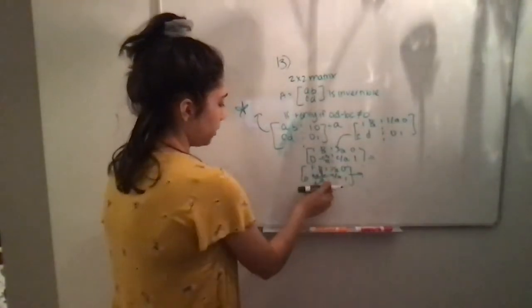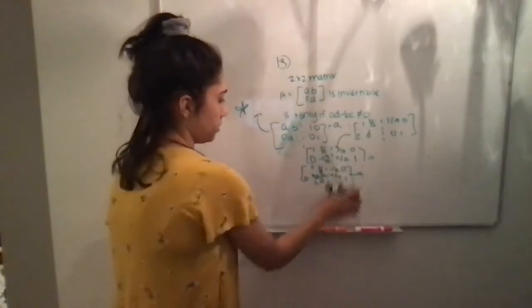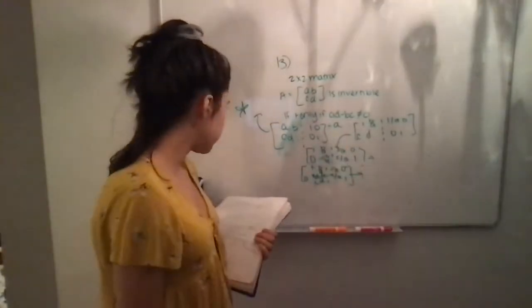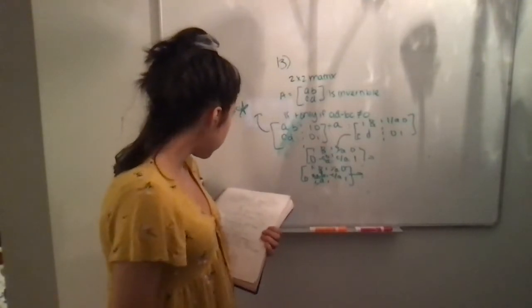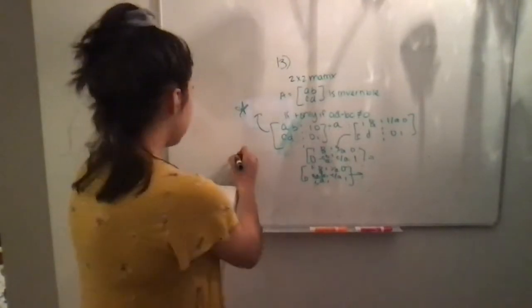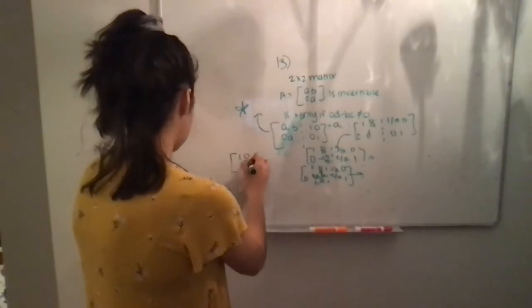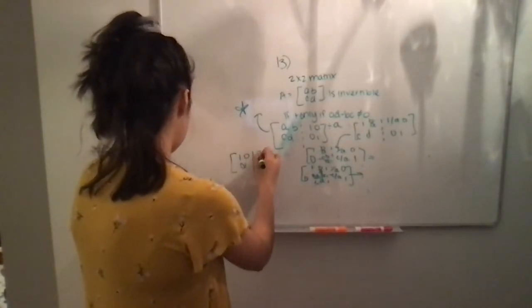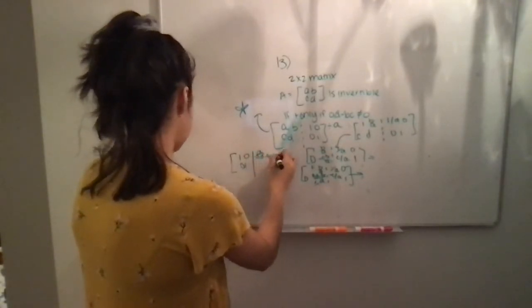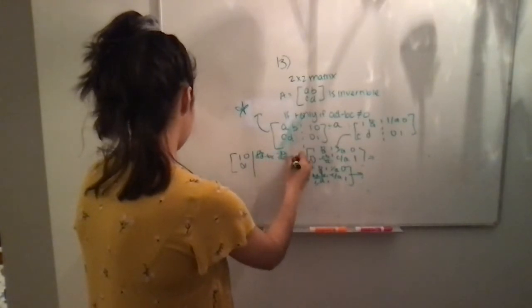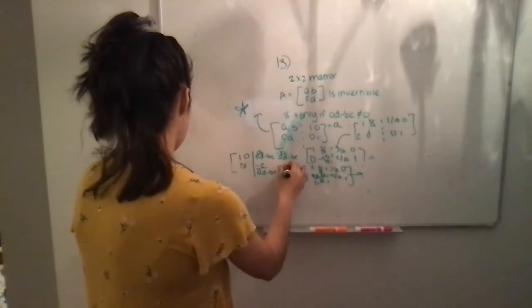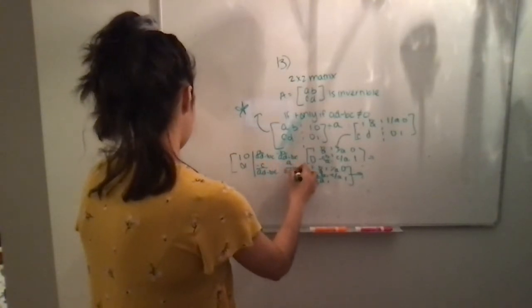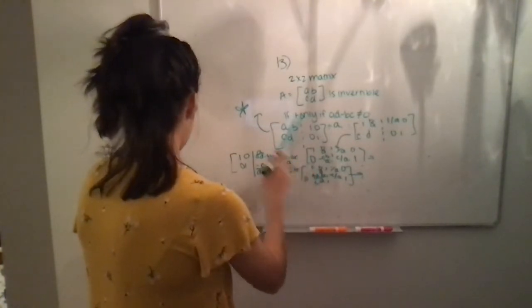So we would have B here and 0 here, and the stuff on the side would change as a result of that. The final answer that we end up getting is 1, 0, 0, 1, A over AD minus BC, minus B over AD minus BC, negative C over AD minus BC, A over AD minus BC.